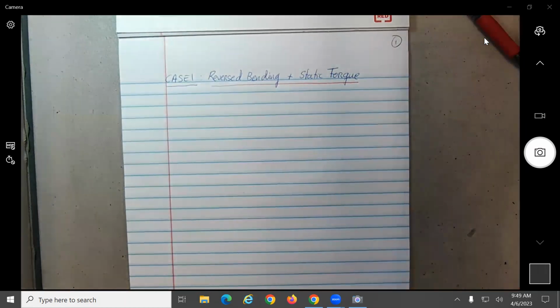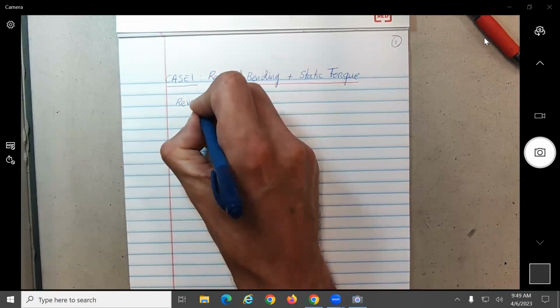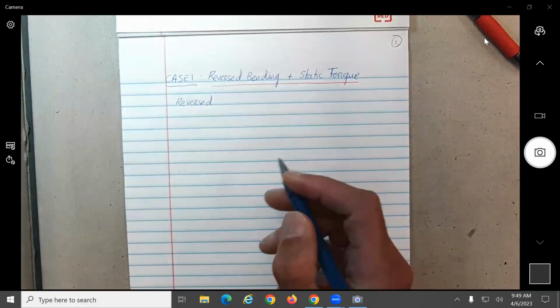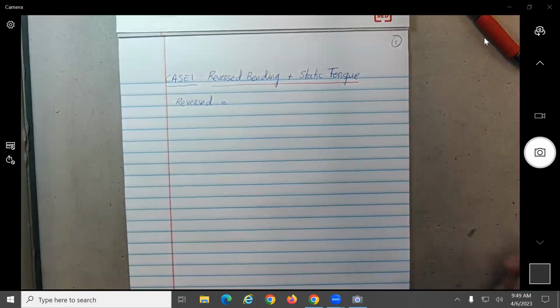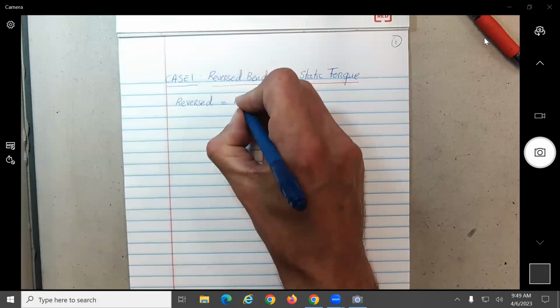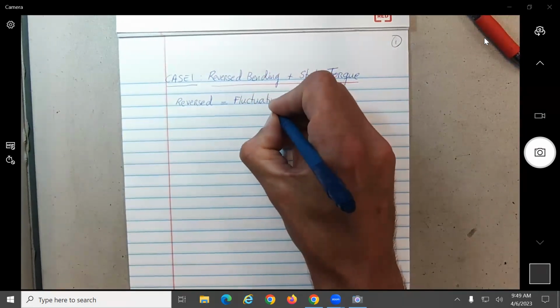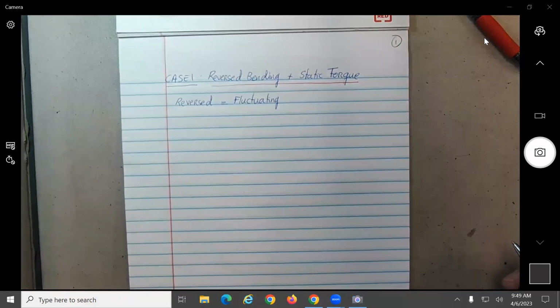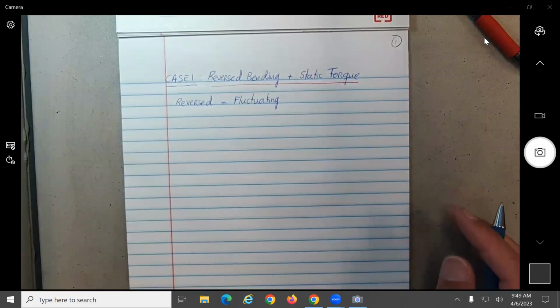Here I just want to clarify that in this notation, compared to the Goodman line, reverse is basically the same thing as fluctuating, okay? So you shouldn't think these are completely two different methods.